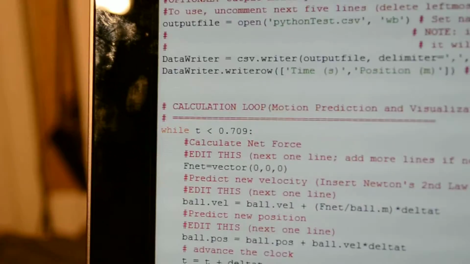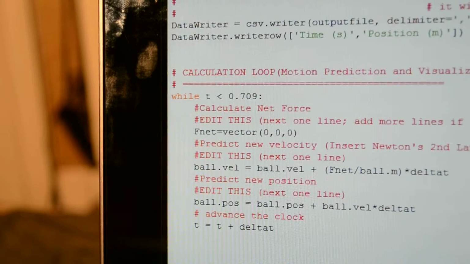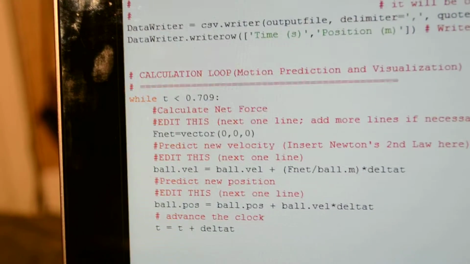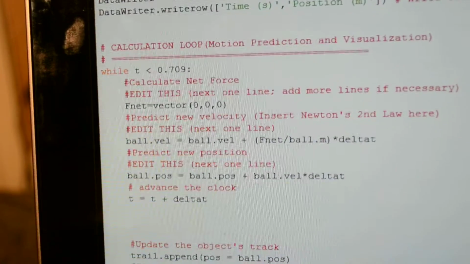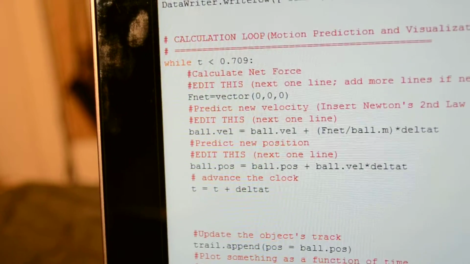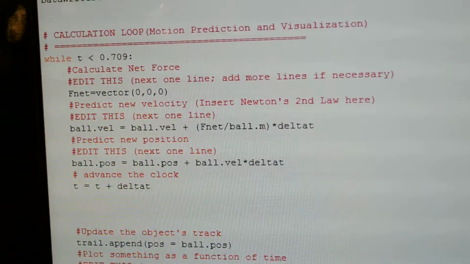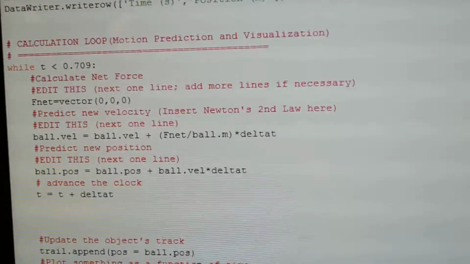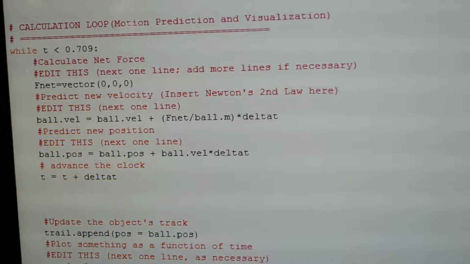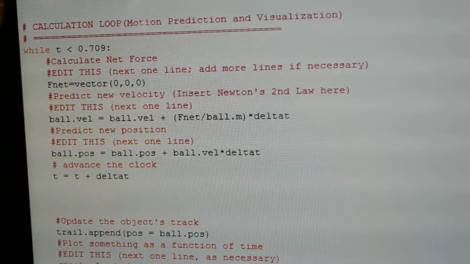Then, for the while loop, I put that while time was less than 0.709, and also while the net force in vector notation was 0, the ball's velocity equals the ball's velocity plus the net force over the ball's mass, which is acceleration, times the change in time.